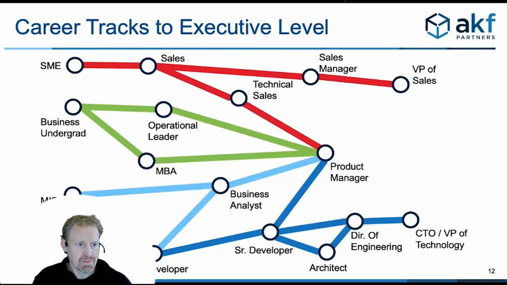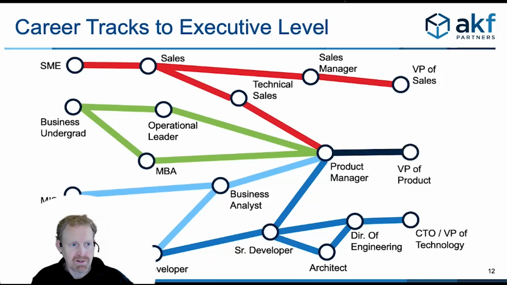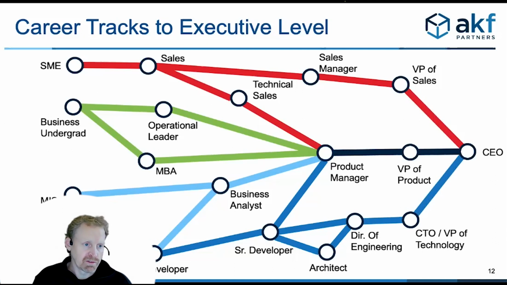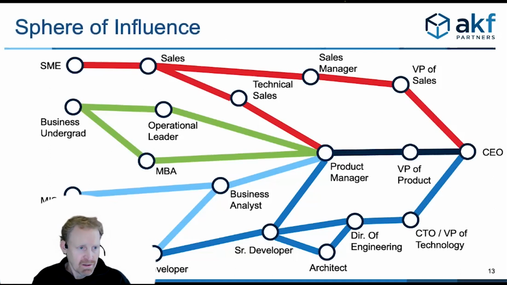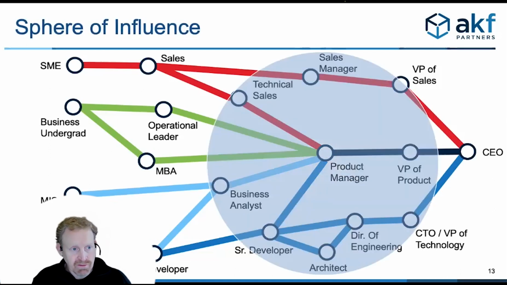And the product manager, typically their path is to go from individual product manager to VP of product. So again, all very different paths. All three of those roles are potentially influencing the CEO. And any of those could be candidates to become a CEO. But you as a product manager, your sphere of influence may just be within this role. But these are a lot of different folks you deal with.